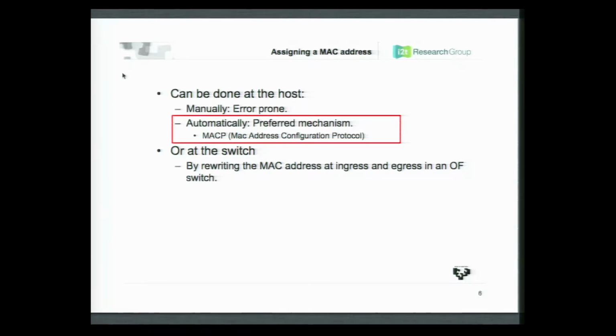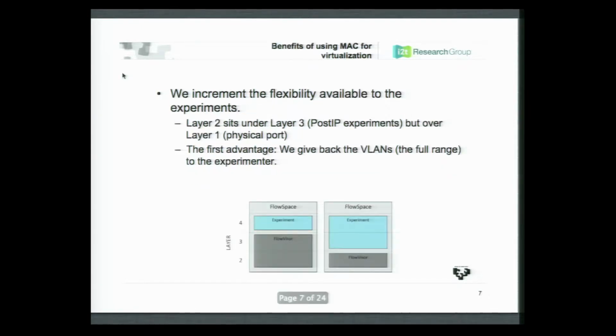In a certain way, it's very related to the way DHCP is working, and in fact we have implemented this for Linux. It could also be done at the switch, but nowadays it's not an issue to change the MAC address. So what do we get?